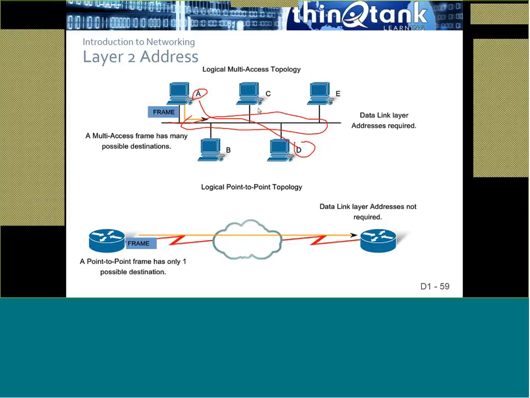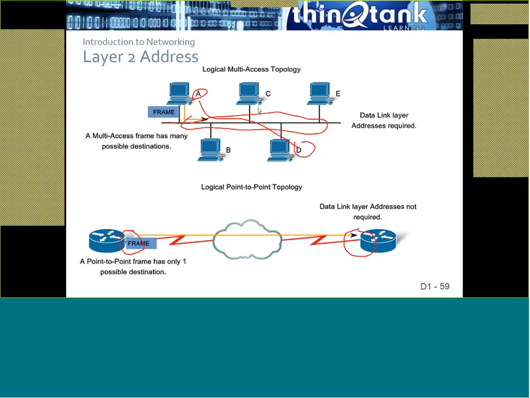But in a point-to-point link, the source is the person on the left, and the destination is the person on the right. There may be a cloud in between, like a service provider network, but logically speaking, this is a point-to-point connection. So there's only one place the traffic can come from, the person on the left, and only one place the traffic can go to, the person on the right.